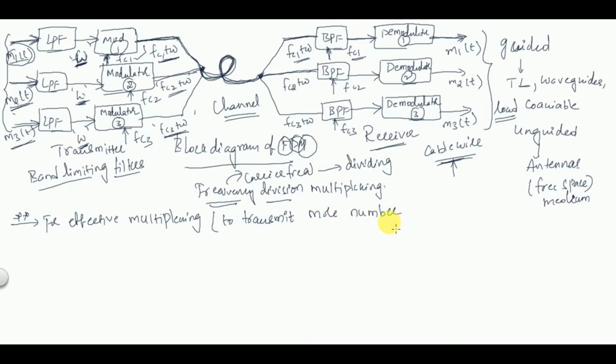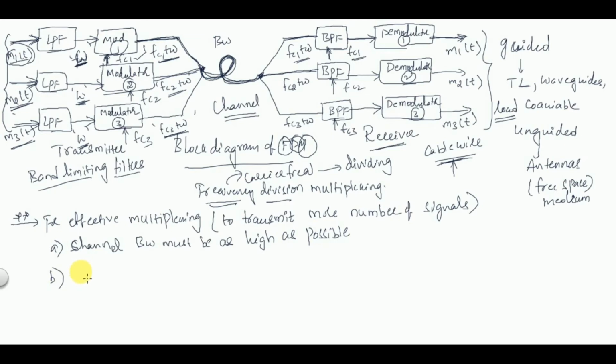So to transmit more number of signals, there are two conditions. One is channel bandwidth: the bandwidth of the channel must be as high as possible.